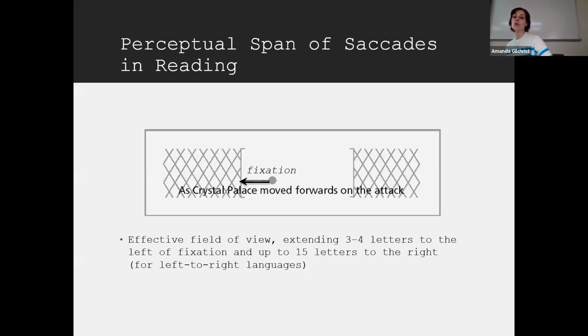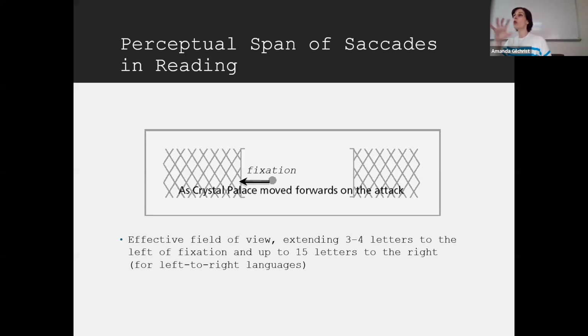Okay. One of the other things that we find with saccades and fixations is that our saccades are asymmetrical. English is a language where we read from the left over to the right. So what we actually find is that with our fixations, our field of view basically extends 3 to 4 letters to the left of fixation and up to 15 letters to the right.